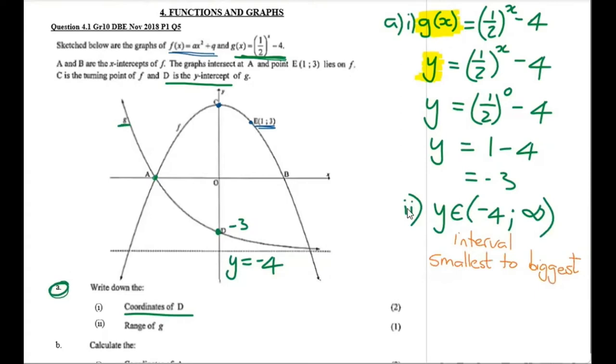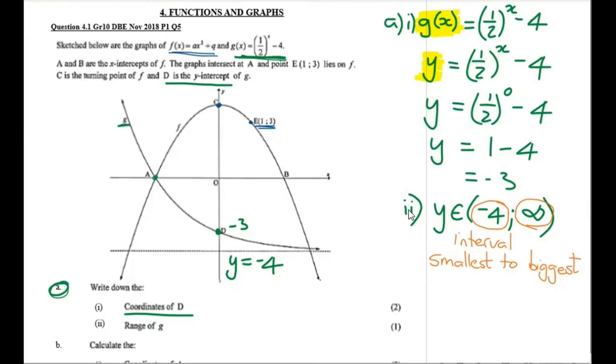So I'm going to ask you, would you rather have a balance on your bank account of -4 Rand, or would you rather have a balance that is so big that they don't even know what value to write? I would rather have the balance of infinity, yes. So that means infinity is bigger than -4. I know infinity is not an actual number.